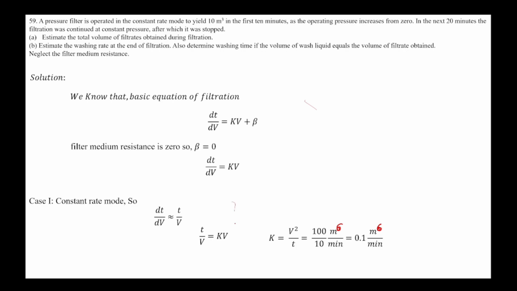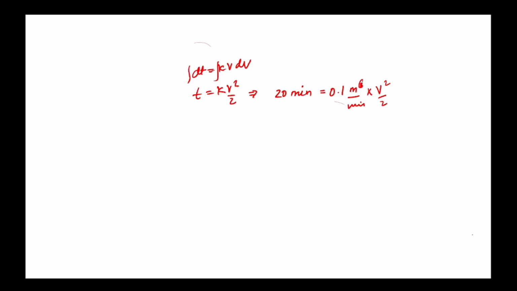Sorry, I made a mistake here. K is equal to T by V square. So it will give minute per meter cube, meter to the power 6, minute per meter to the power 6.